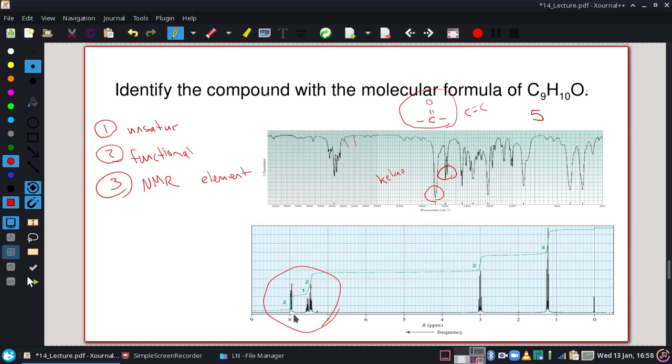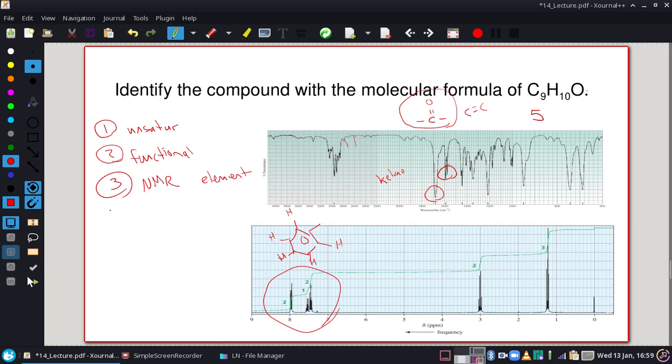The only reason I should have a bunch of peaks in that 7 to 8 range is if I have benzene. And 2, 3, 4, 5, that's a good indication. I have a benzene with 5 hydrogens coming off of it, so I just have a single substituent on it, and that would create those nice peaks. It actually takes care of all my elements of unsaturation.